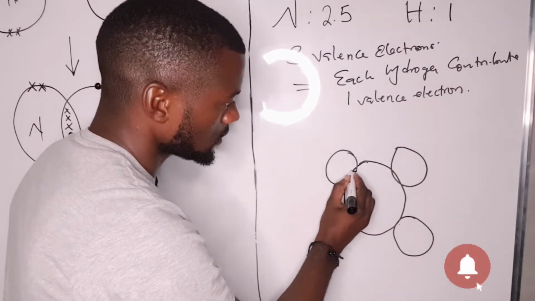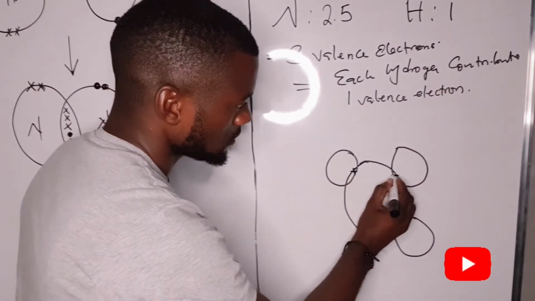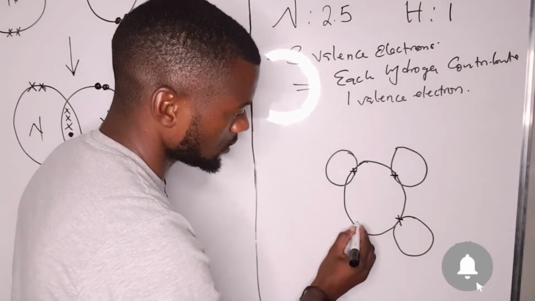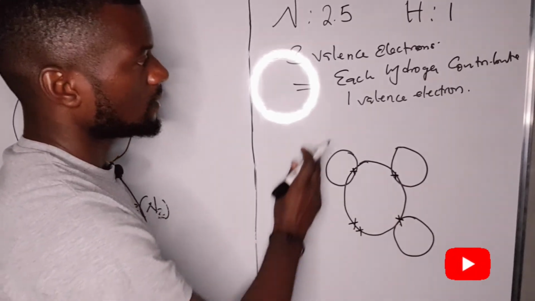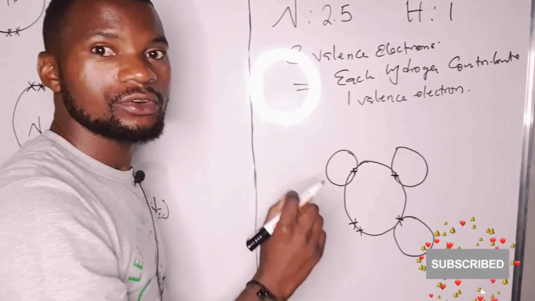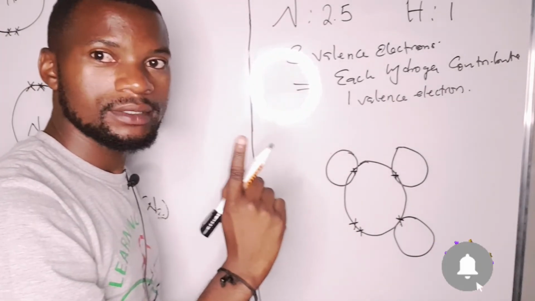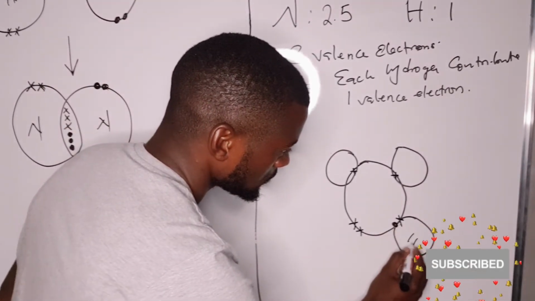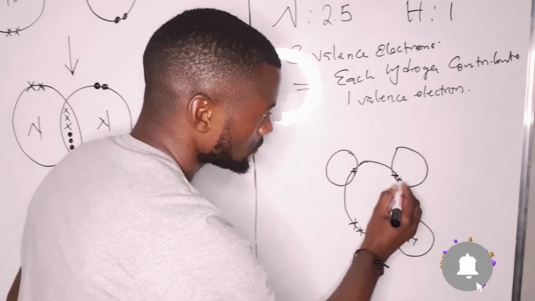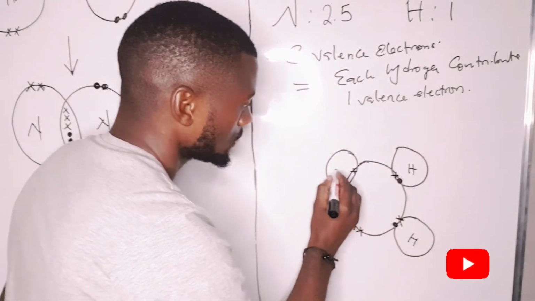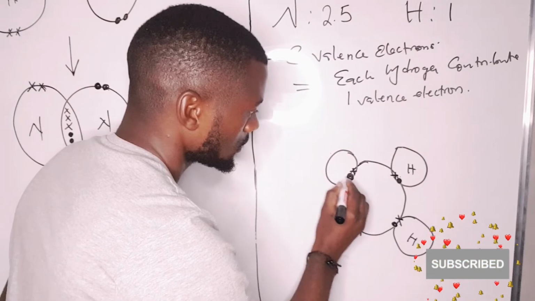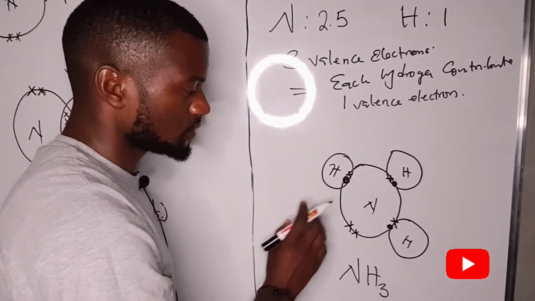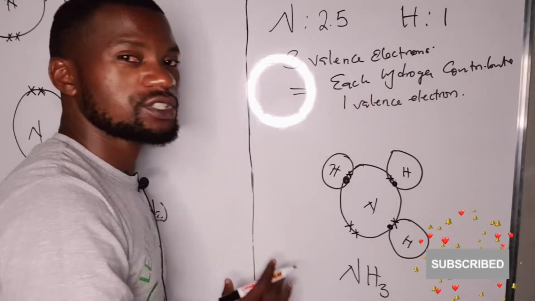So we can indicate 3 electrons shared. So here it will remain with 2. Then each hydrogen atom is going to share 1 electron. So we have the hydrogen there, another hydrogen there, another hydrogen there. Then the structure which we have is called ammonia.